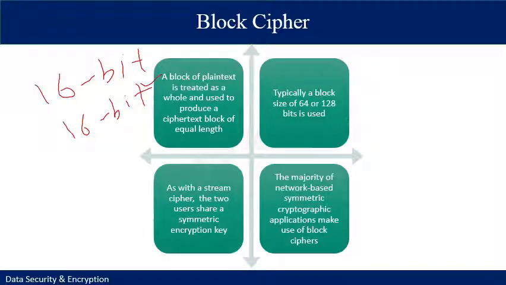Typically, the size of the block can be 64 or 128 bits. These are the normal ranges of blocks. 64 bits has been in use for a long period of time. However, recently 128-bit blocks are in use.